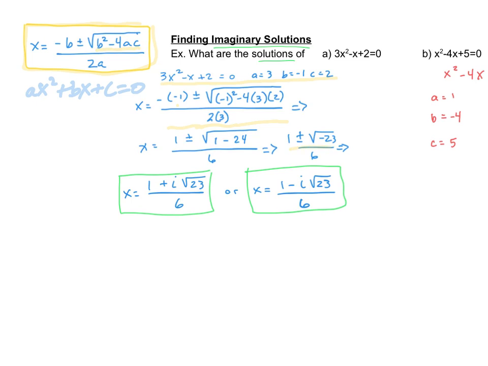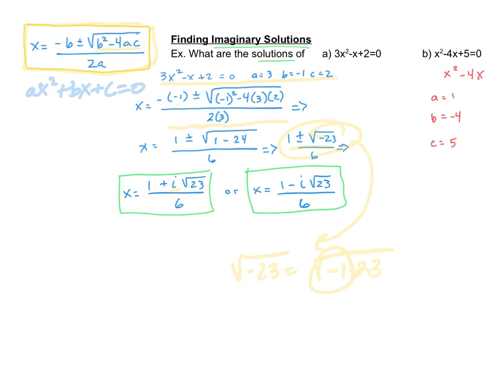Keep simplifying: 1 plus or minus the square root of negative 23 over 6. Remember, the square root of negative 23 is equal to the square root of negative 1 times 23. The square root of negative 1 gives me an i, leaving behind the square root of 23.